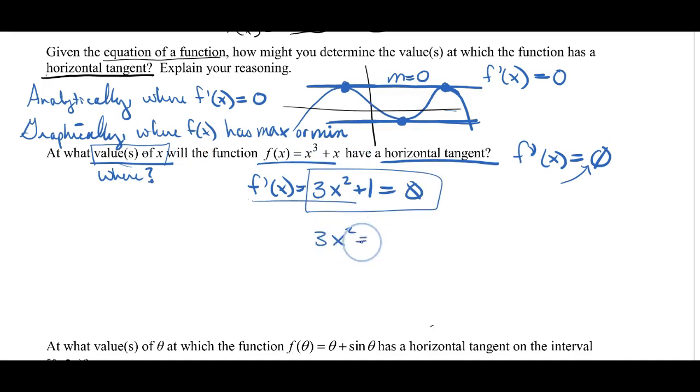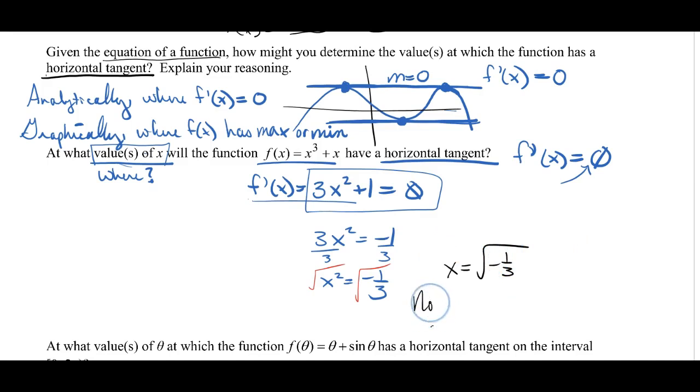3x squared equals negative 1. X squared equals negative 1/3. X equals the square root of negative 1/3. Well, I can't actually take the square root of negative 1/3. I can't take an even root of a negative number, so there is no x value where a horizontal tangent exists.